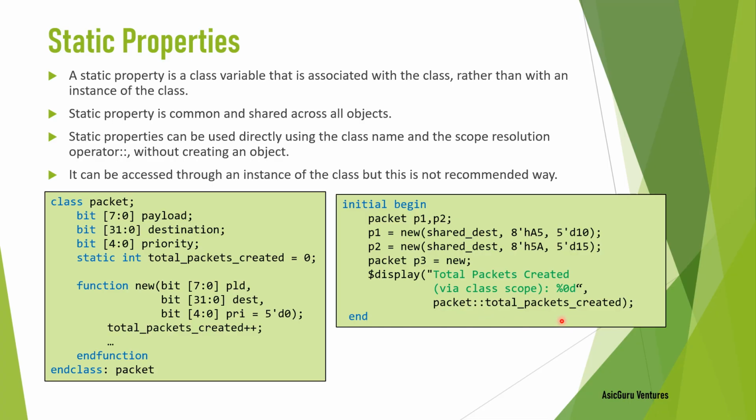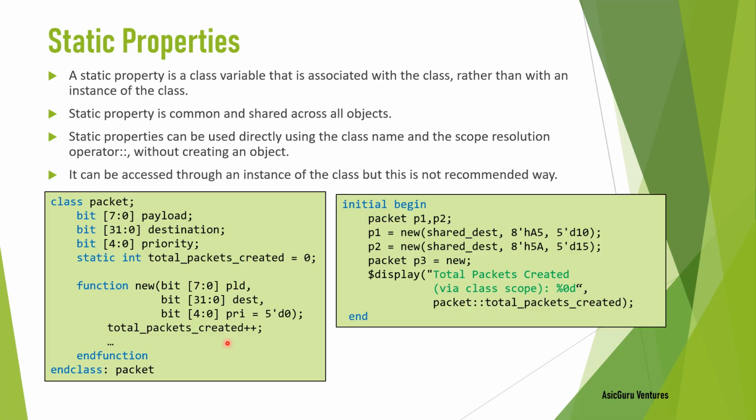This is the correct way to access the static properties. Now what would this $display print? It would print the value 3 because we have created three objects, and every time an object is created, in the constructor function we are incrementing the value of total packets created.